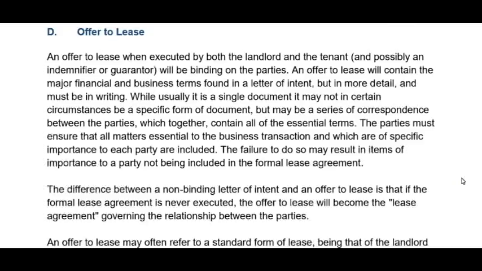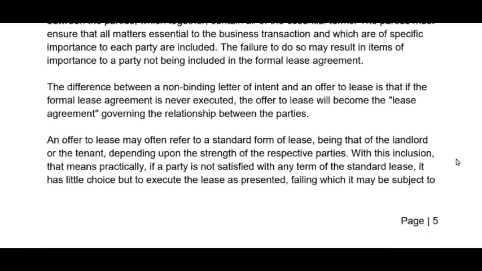While usually it is a single document, it may not, in certain circumstances, be a specific form of document, but may be a series of correspondence between the parties, which together contain all of the essential terms. The parties must ensure that all matters essential to the business transaction and which are of specific importance to each party are included. The failure to do so may result in items of importance to a party not being included in the formal lease agreement.